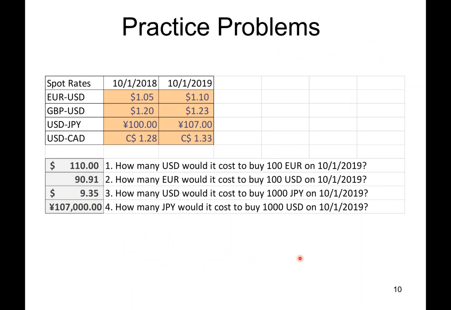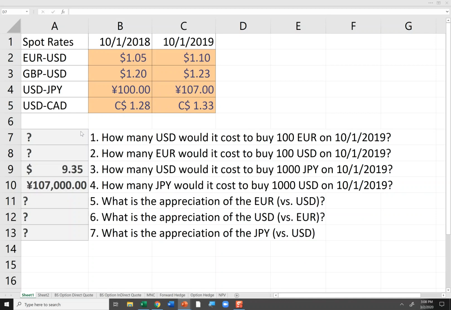So let's do a little practice problems before we end this section. I'm going to go to a spreadsheet, and I'm going to do these two problems here. How many dollars will it cost to buy 100 euros? Well, I'm going to type in 100 euros, and what I need is a dollar per euro exchange rate in 2019. How many euros would it cost to buy $100 in 2019?